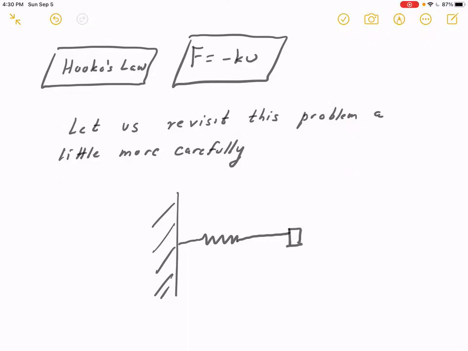And in this particular diagram, I'm going to note the equilibrium position of the mass, and I'm going to call it L naught.